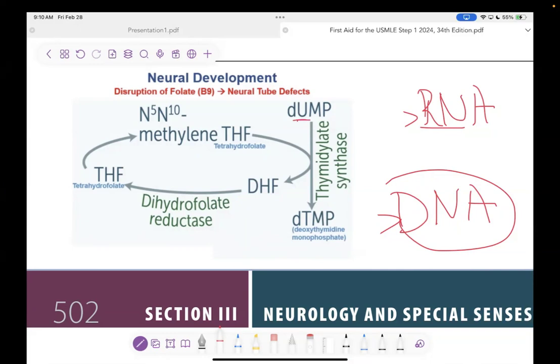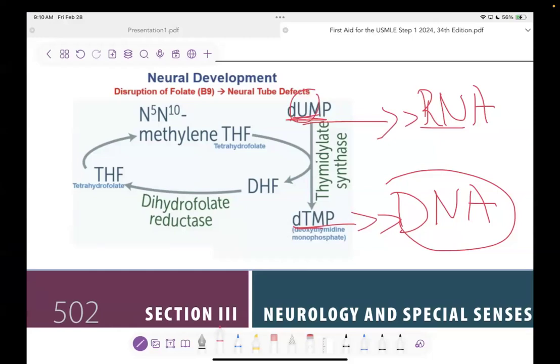So uracil and thymidine. Uracil makes RNA and thymidine makes DNA. This is one difference. And the other difference is that the uracil nitrogen base is lacking a methyl group. It means that if we add a methyl group to uracil, it changes to thymidine. This is so easy.